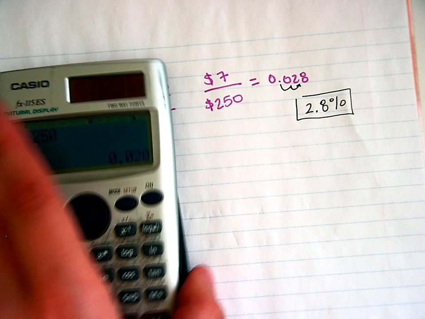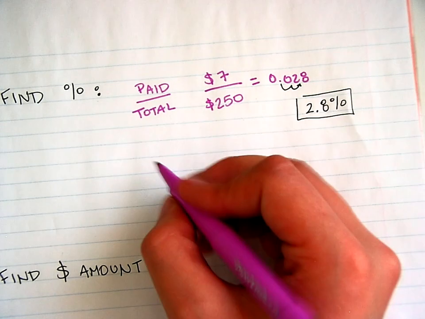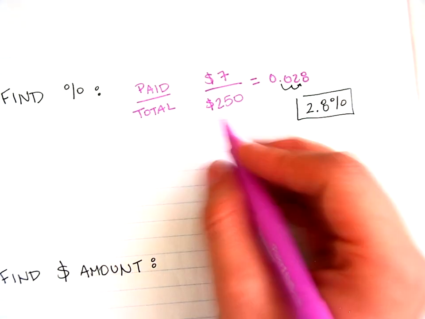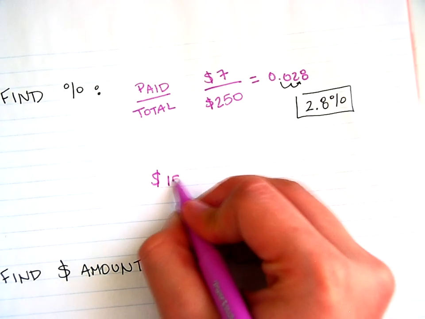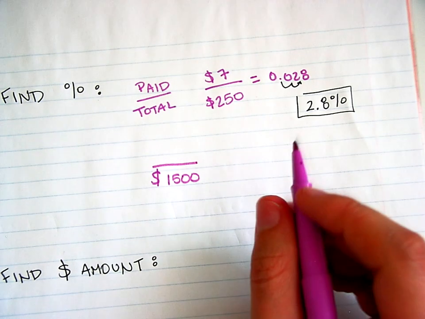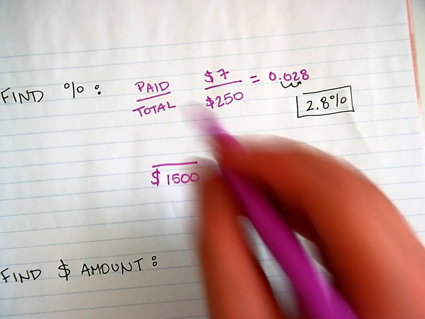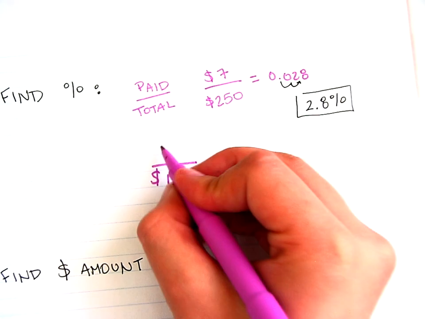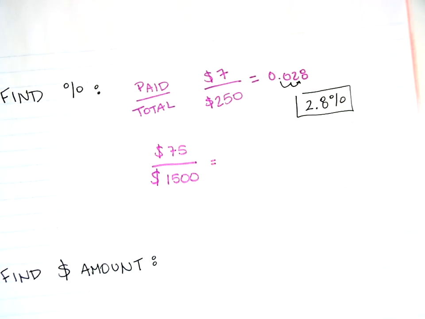All right, let's do one more, and then we'll move on to finding dollar amounts. Let's say you made $1,500 this week, so making more money, and you have to pay your parents, let's say you're a young person living with your parents, $75 a week, maybe for expenses.